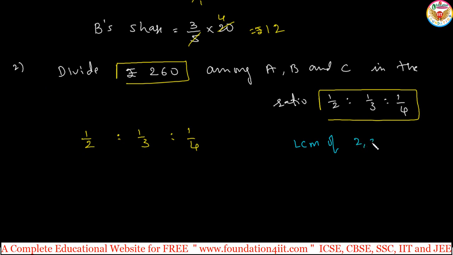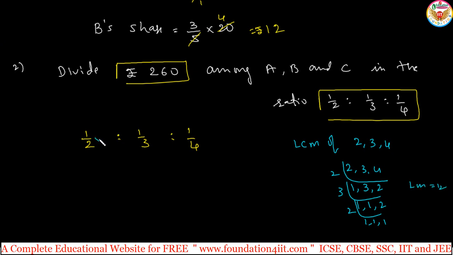LCM of the denominators 2, 3, 4: 2 ones are 2, 2 twos are 4, again 3, 2, 3, 2. 2 times only 3 and 2 we have. So 2 threes are 6 and 6 twos are 12. 12 is the LCM here.